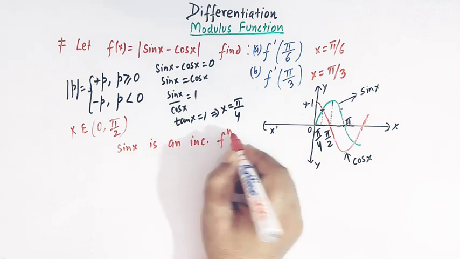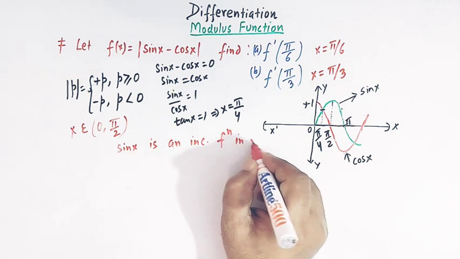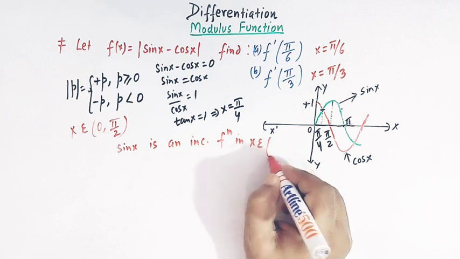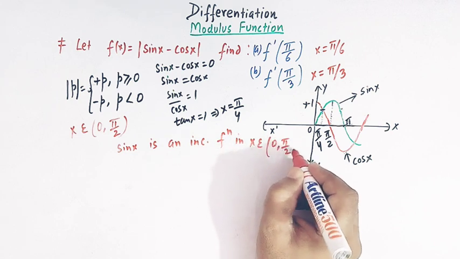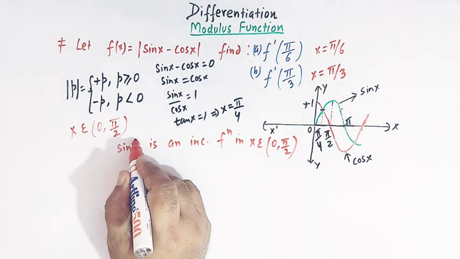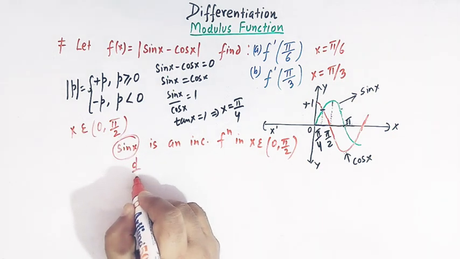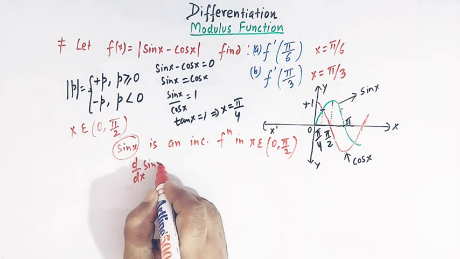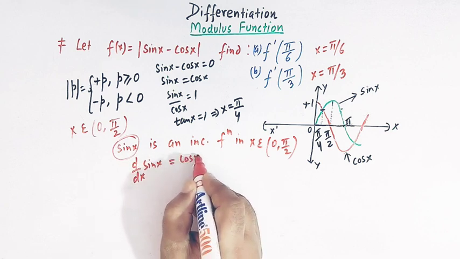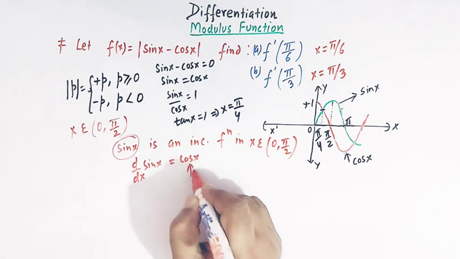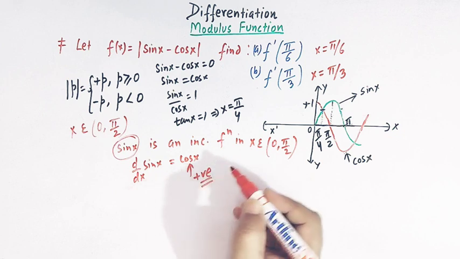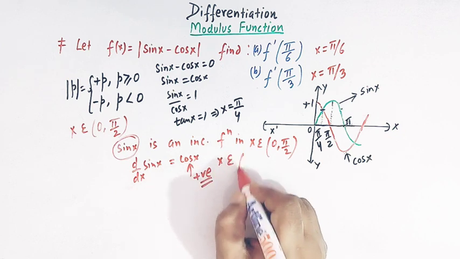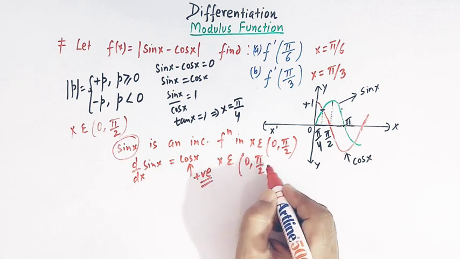It is an increasing function in x belonging to 0 to pi by 2, right? Because see, the derivative of sine x is equal to cos x, and cos x is a positive quantity when x belongs to 0 to pi by 2, right?